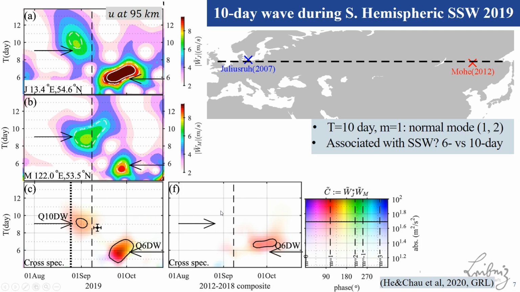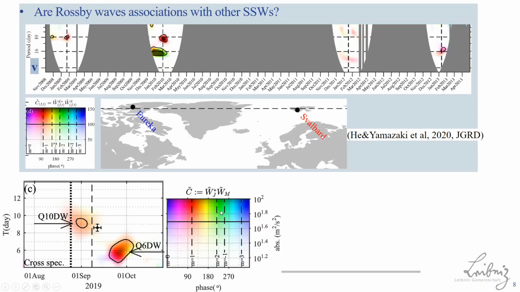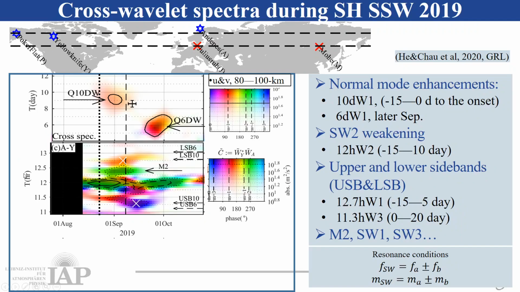This association is not surprising because it is often observed in the northern hemispheric SSW, for example, for 2009 and 2010 at this latitude. Coming back to the SSW 2019, we also calculated the cross wavelet in the period range near 12 hours.